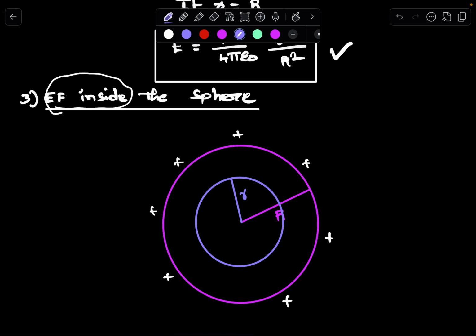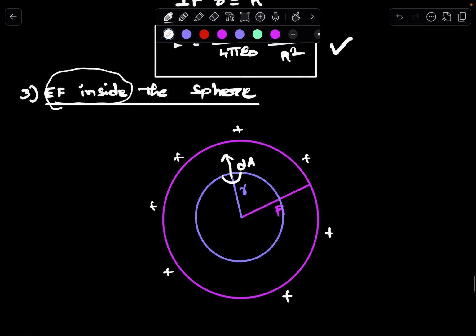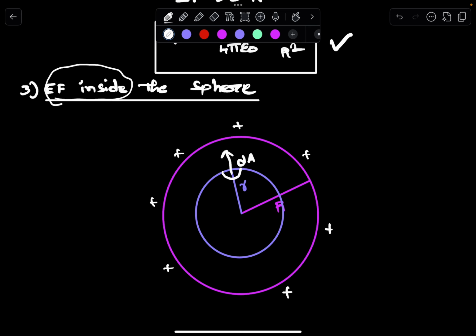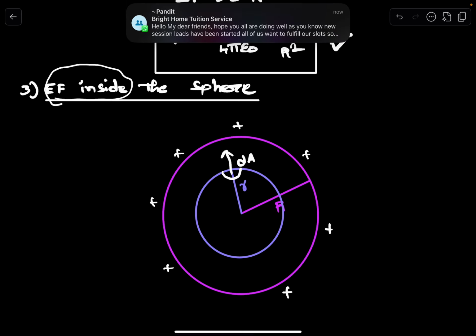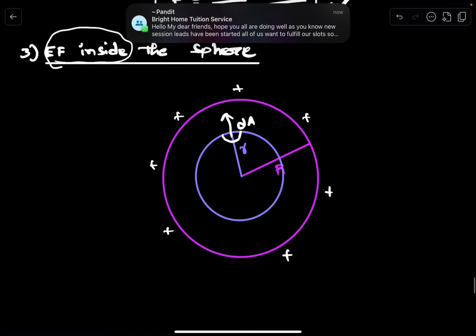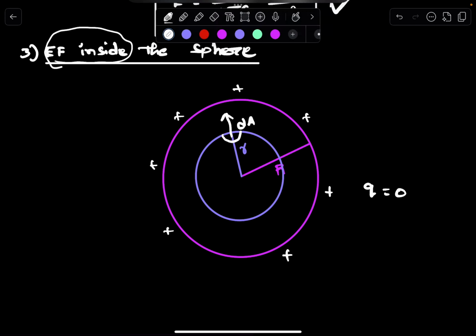For this, I'm going to take a surface area dA here. But remember one thing: the object is a hollow sphere. So inside the sphere the charge is equal to 0, because the complete charge is uniformly distributed over the surface.